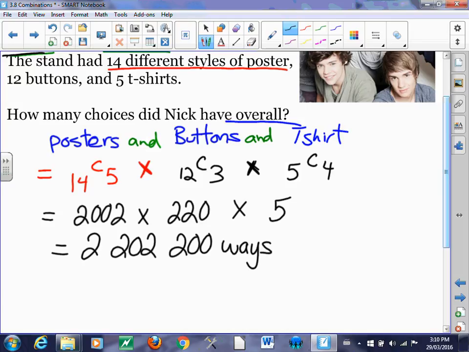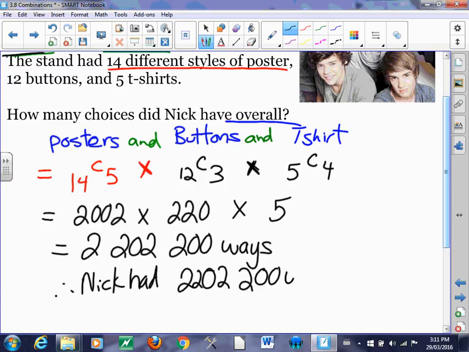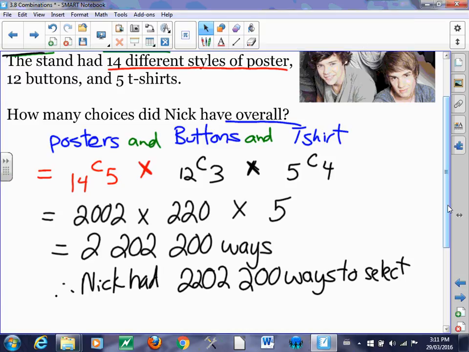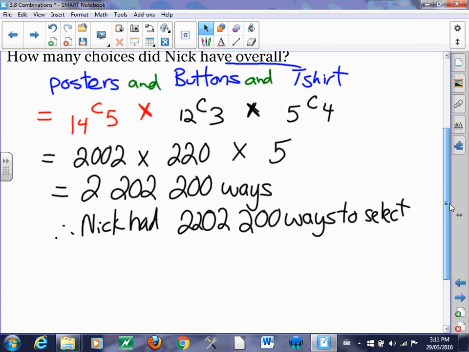Okay, throw a quick therefore in. So therefore, Nick had 202,200 ways to select, because order wasn't important.